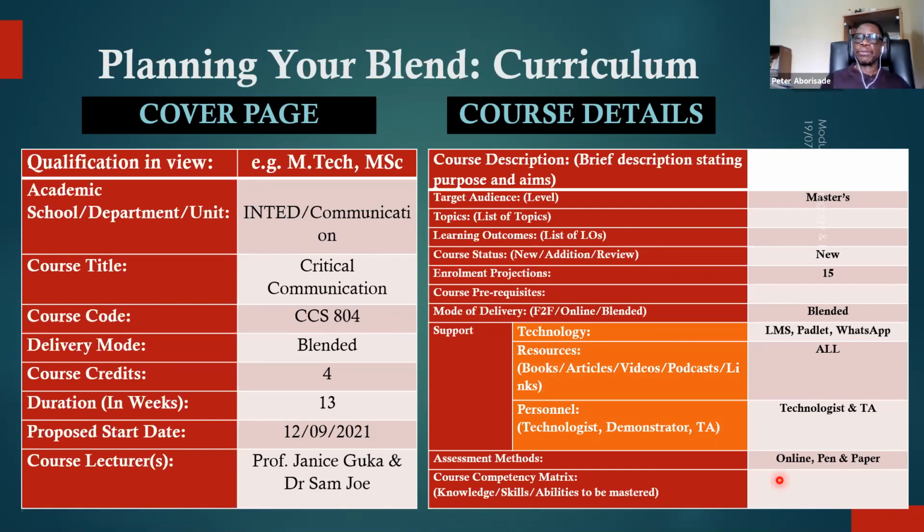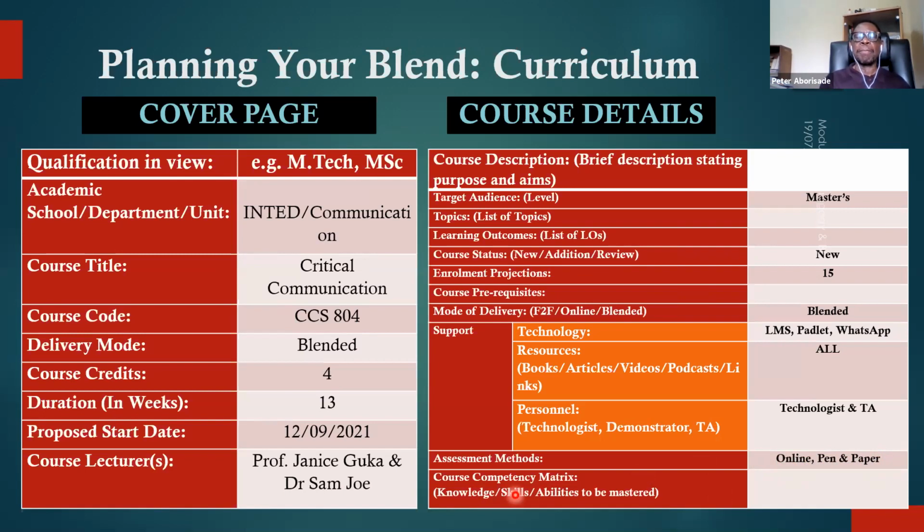Assessment methods, both online and pen and paper. Some will be done in the classroom, some will be done online. Course competency matrix, all the knowledge you want them to acquire, all the skills, a little bit more expansive than the learning outcomes.